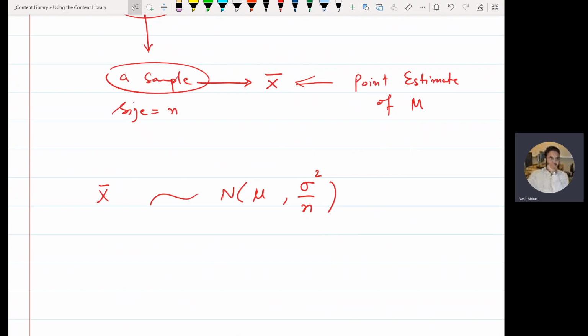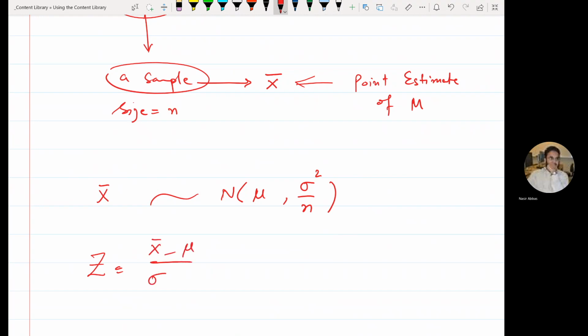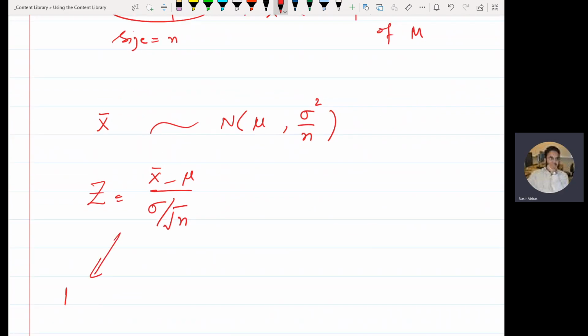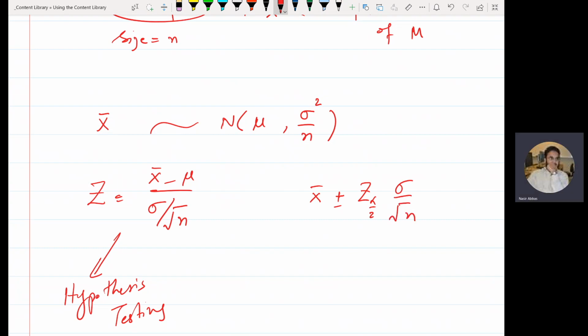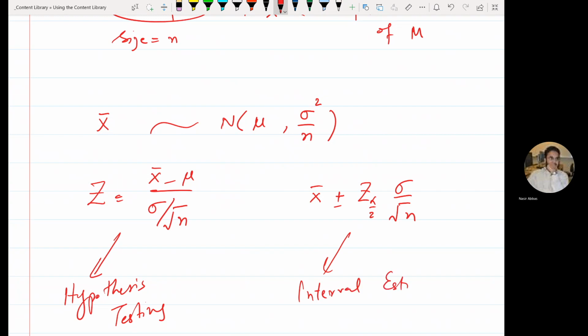You calculate a z statistic, you do the hypothesis testing from here. True? And you also create a confidence interval, an interval estimate. True?